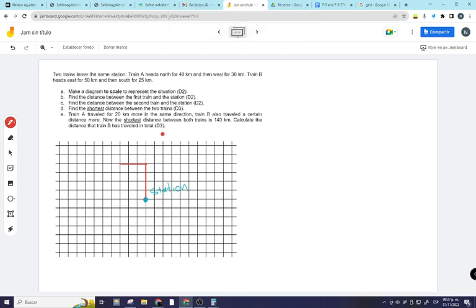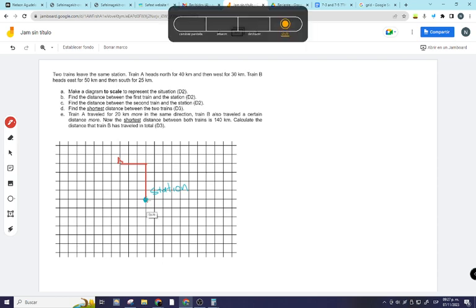So here's train A. Now, train B also leaves the same station and heads east, in this direction to the right, for 50 kilometers.